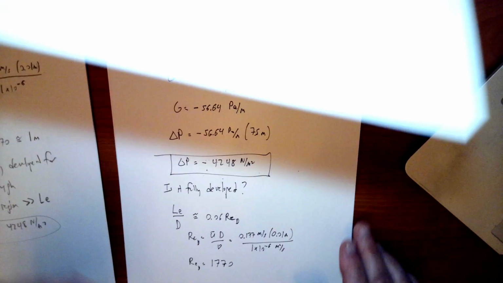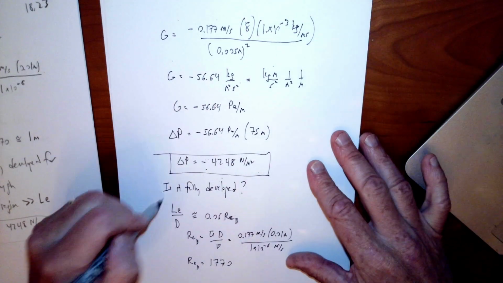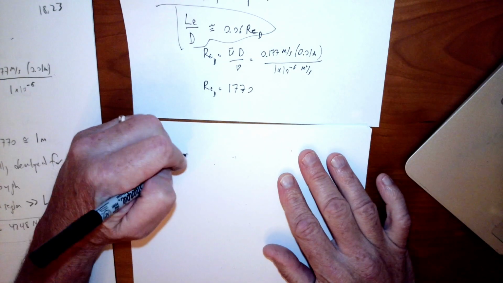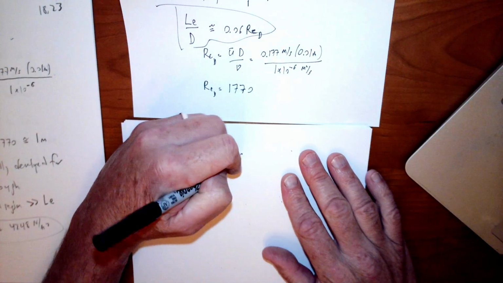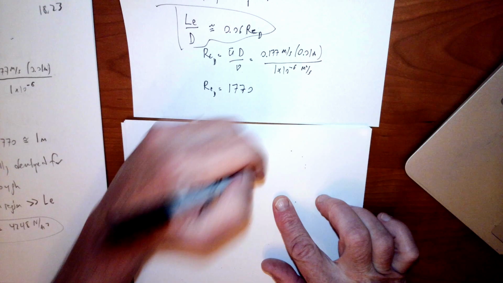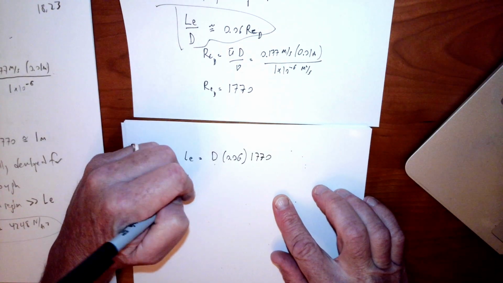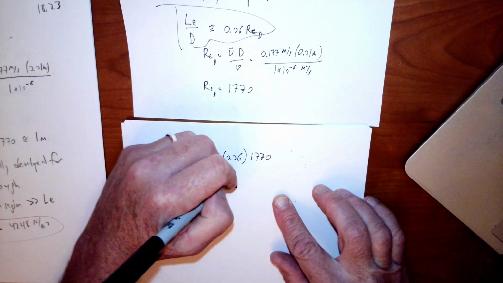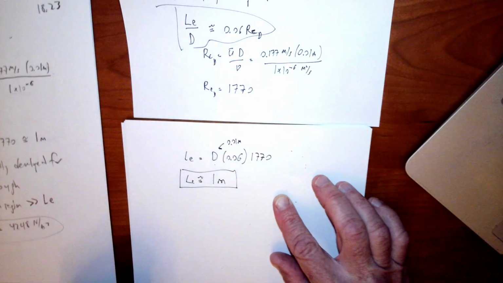I can now plug that into this equation and solve for LE. LE, the entrance length, is equal to D times 0.06 times 1770, and D is 0.01. So that comes out to be about 1 meter. The entrance length is about a meter, where this is 0.01 meters for the diameter.